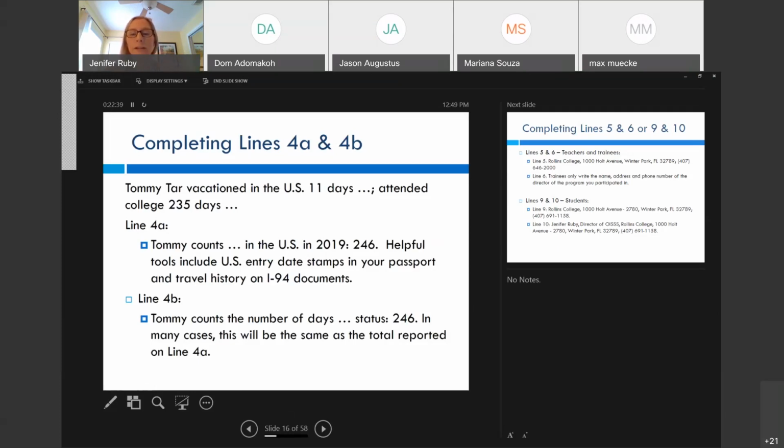Okay, so just a reminder, look at the dates in your passport, or you can go to your travel history in the I-94 record, which is your entry and exit record to the US.